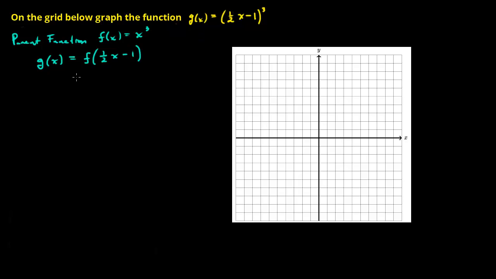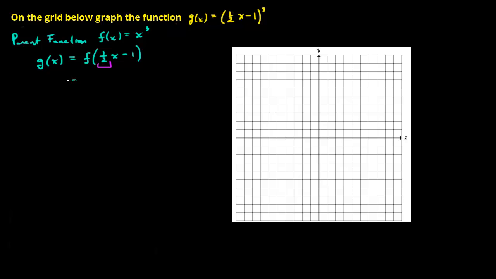Now, there's something that's really important here. If you have a coefficient beside x inside of a function, in order to transform this function, you have to make sure that this coefficient is factored. So you have to factor that coefficient out of the two terms inside of the function.